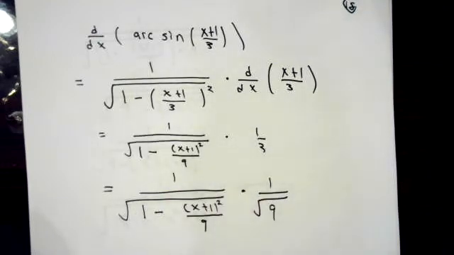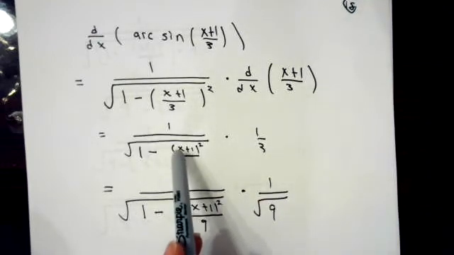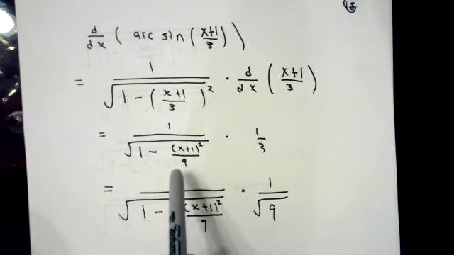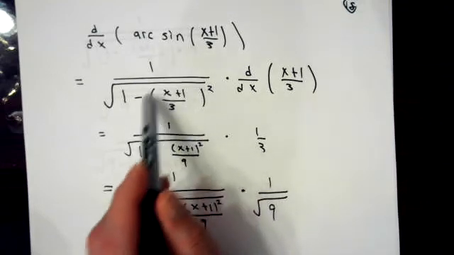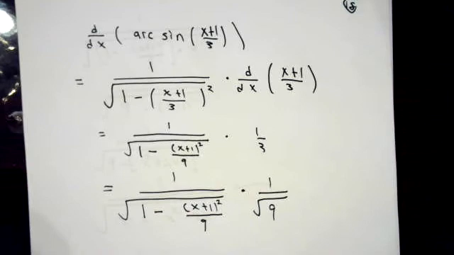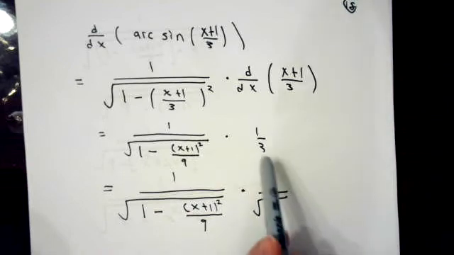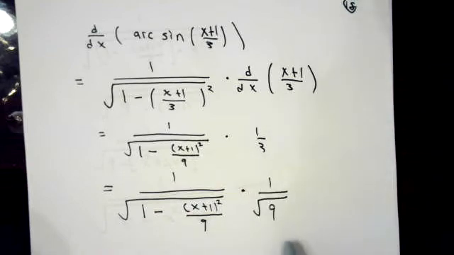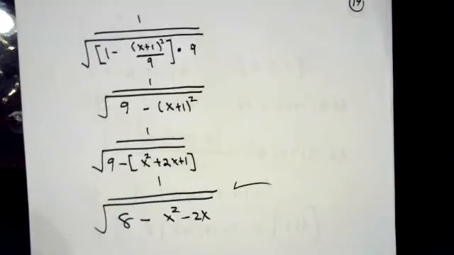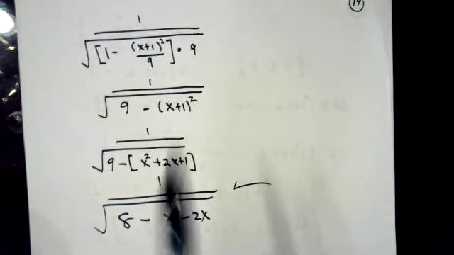In this square root, I'll go ahead and write the square of the top and the square of the bottom in the x plus 1 over 3. 1/3 is 1 over square root of 9. So I'm going to put these back together using the properties of square roots. Having done so, I'll do the distributive law.